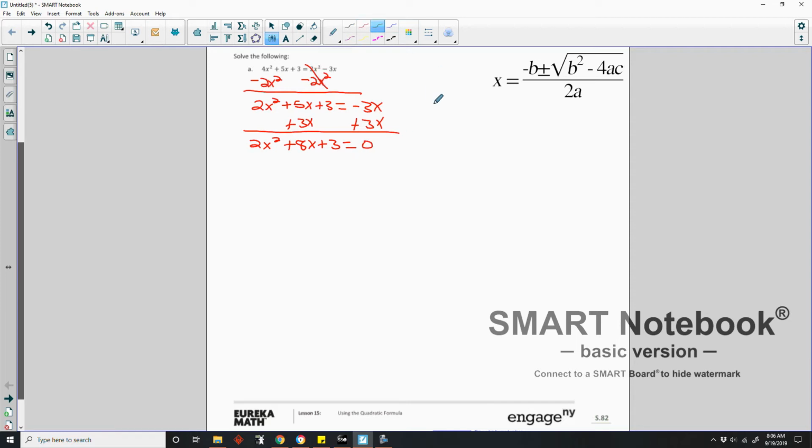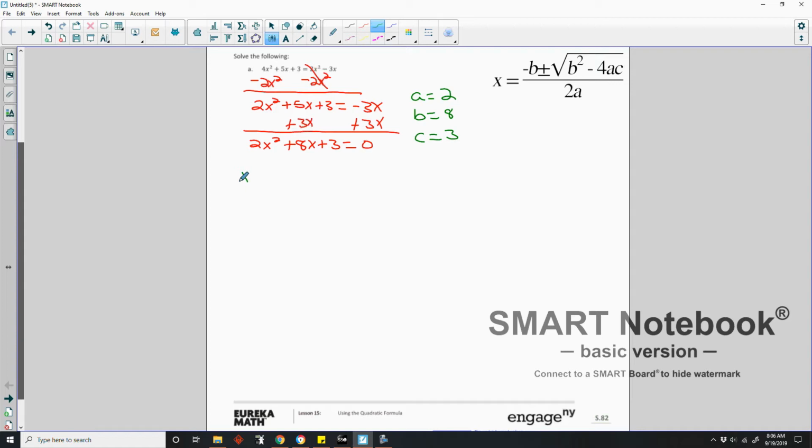Now, I always tell my students to list your a, your b, and your c. So a in this case is 2. b is the linear coefficient, 8, and c is our constant, 3. Okay, so there's my 2, 8, and 3 that will be substituted into this equation.